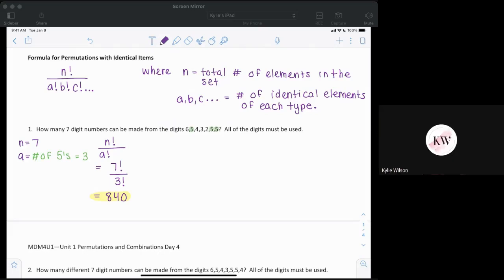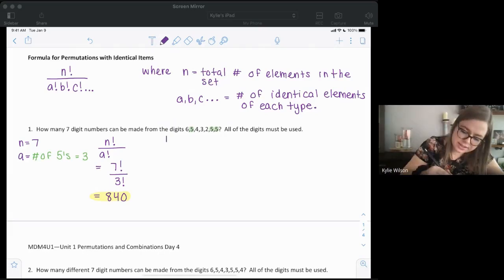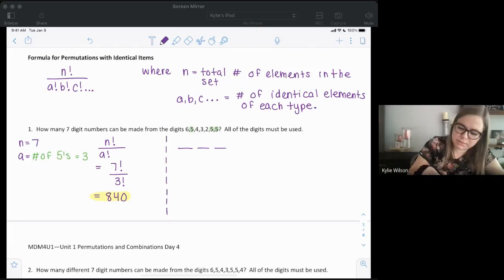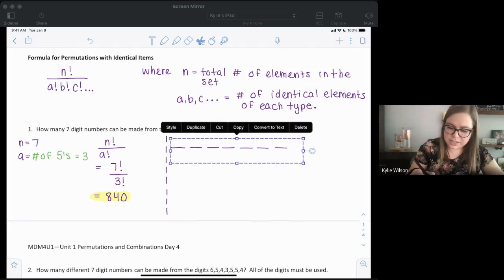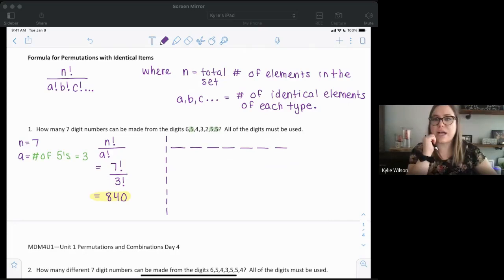Now, the other option that you can do is you can still use the box technique, and I'll show you the other option if this helps you. So we are looking to make a 7-digit number, like that. Now we're going to count the number of ways to start, just as if we didn't have any identical elements and we weren't worried about that.